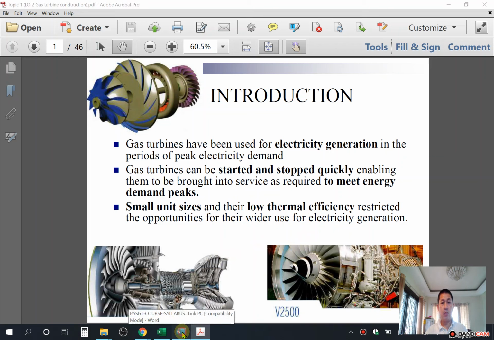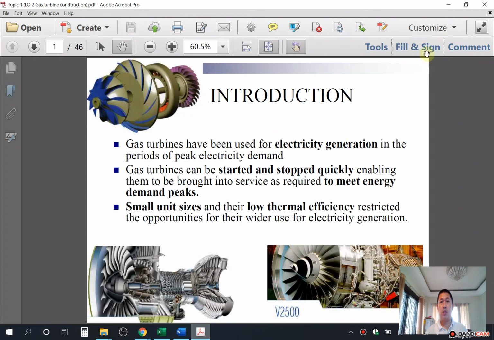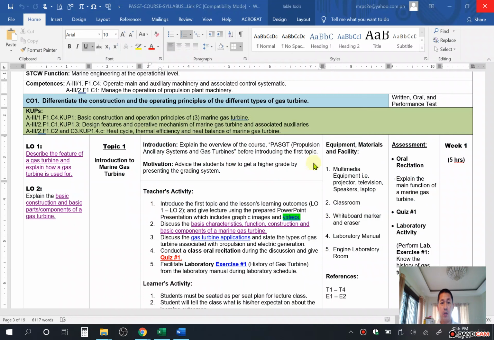So it's disassembling. So we'll proceed to the video. This is already discussed in this here, and also the turbine application. I'll try again.